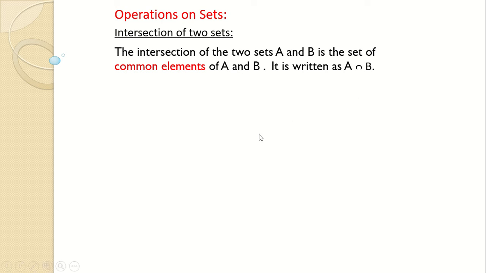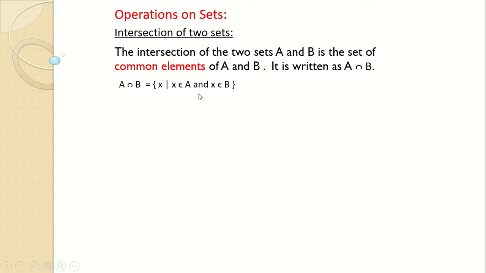Now this set A intersection B, its definition in another way is given like this. It is the set of all those elements X such that X belongs to A and X belongs to B. Means suppose some element X belongs to intersection of A and B, then it has to belong to A and B both.